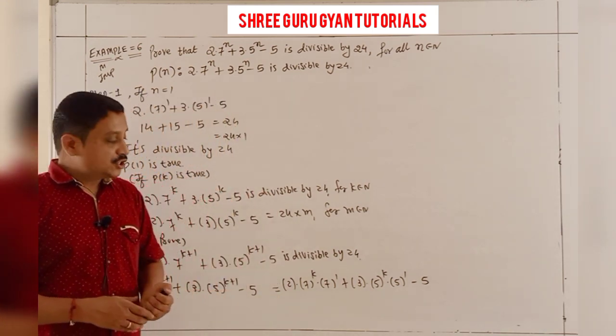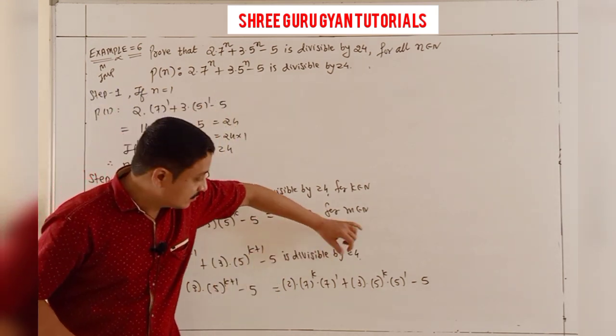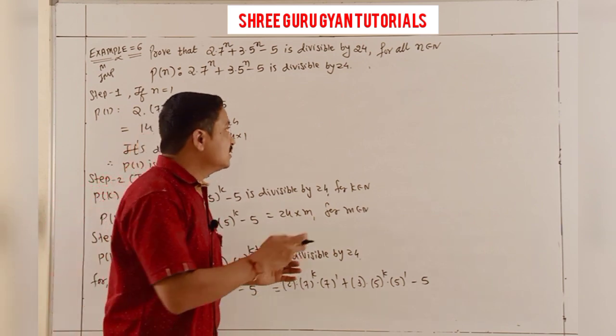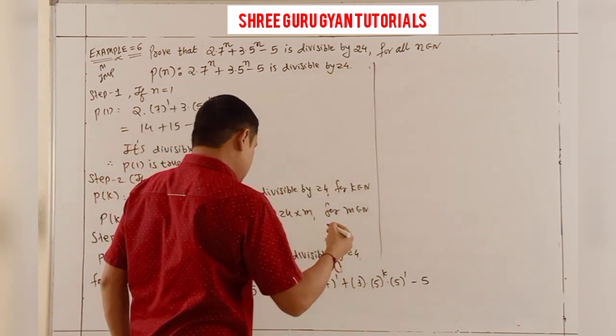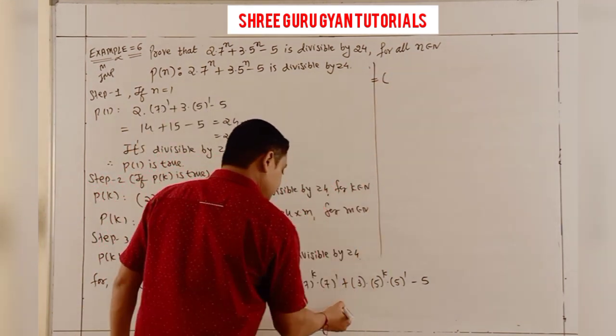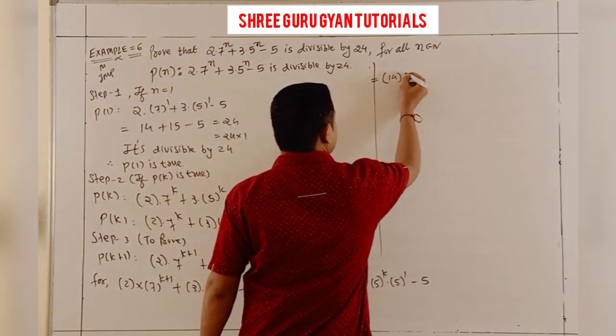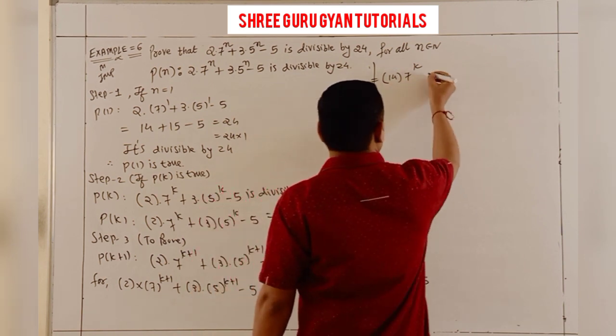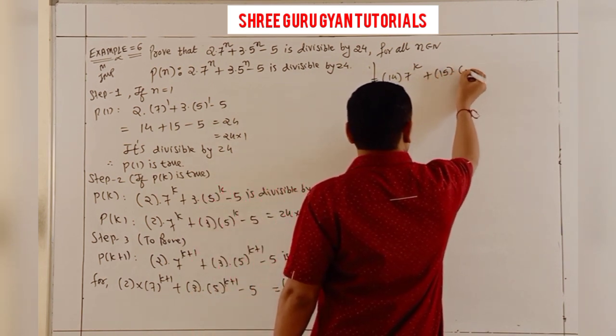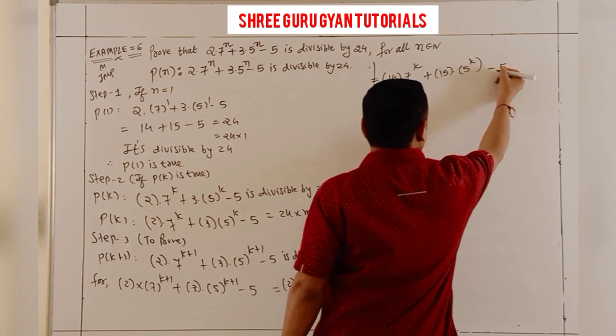These are 2 sevens are 14, 3 fives are 15. So I write down now 14 into 7 raised to k, 15 into 5 raised to k, and minus 5.